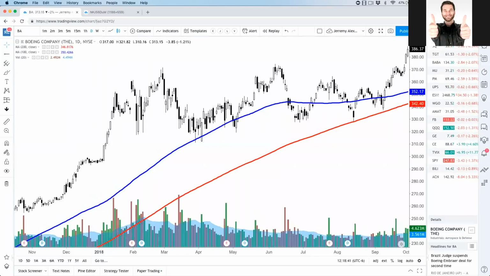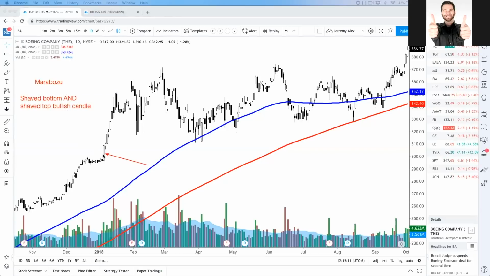Again, a Marubozu candle, I believe Marubozu is spelled M-A-R-A-B-O-Z-U, Marubozu. And this is a bullish Marubozu. So this candle is a shaved bottom and shaved top bullish candle.